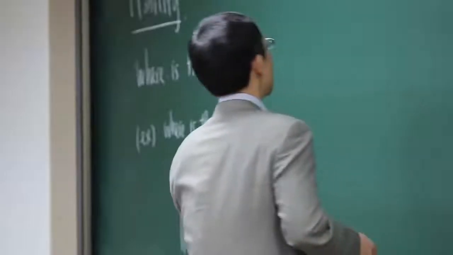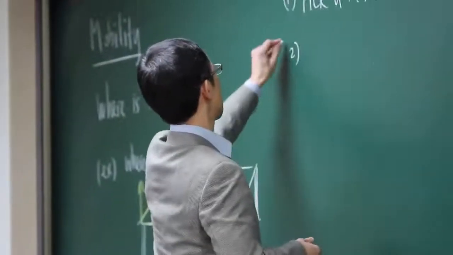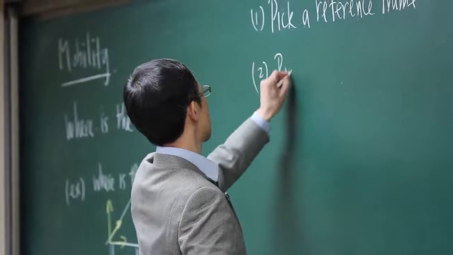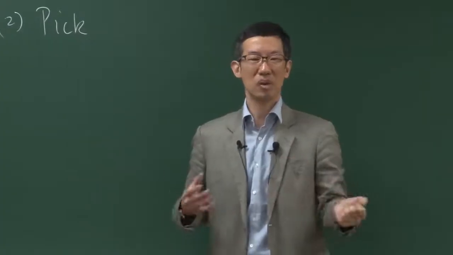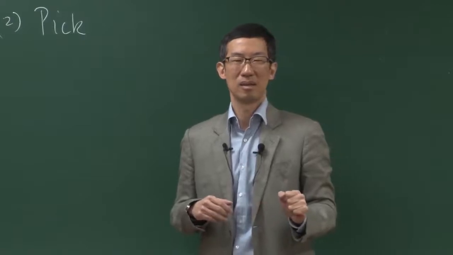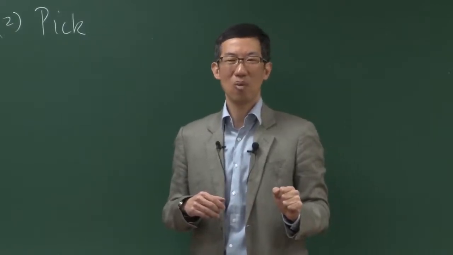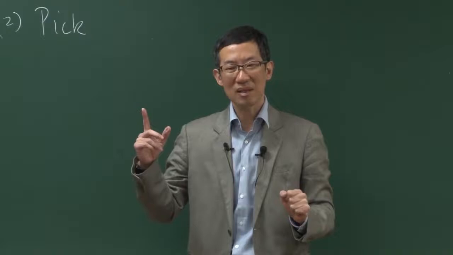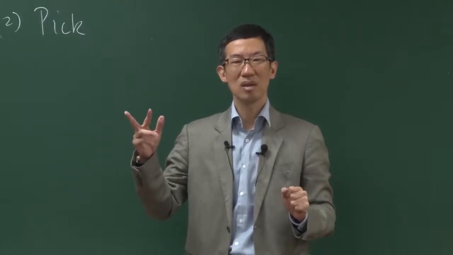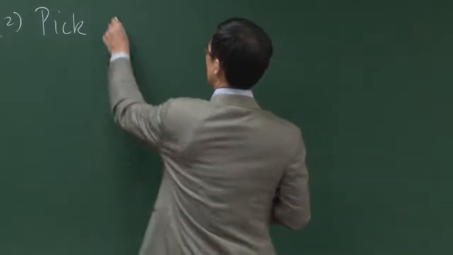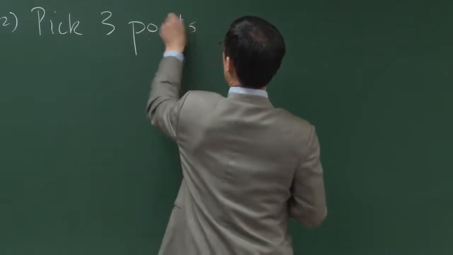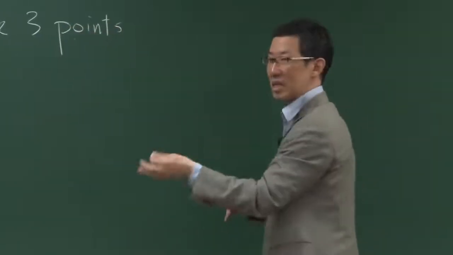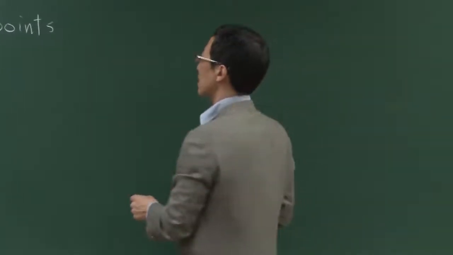So let's pick some points on the coin. How many points should we pick? Well, 1 probably won't do, right? 2, let's pick 3. We'll see later why we need to pick 3 points.